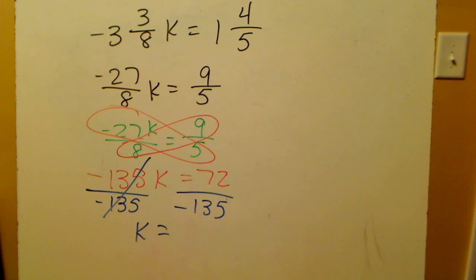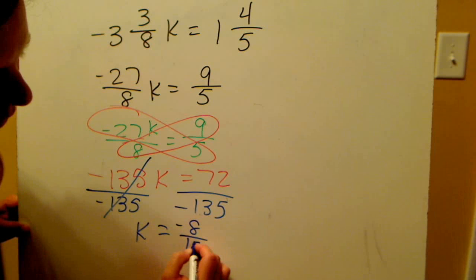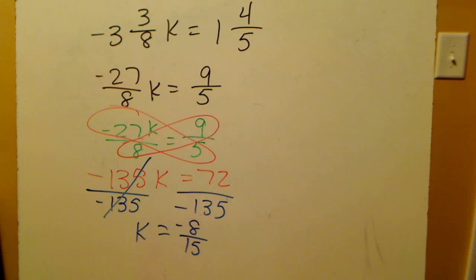I'm going to check that to make sure it cannot be simplified. It can. Our fraction becomes negative 8 over 15. Hopefully when we check this, it's going to work.